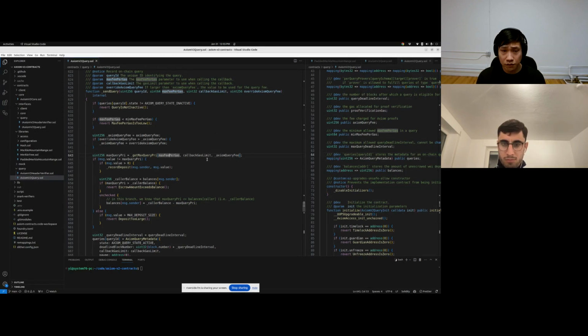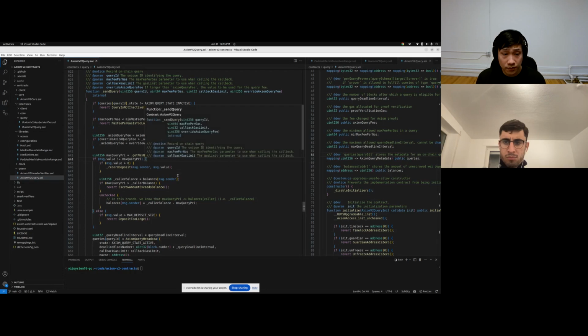So at the moment, the proof verification is 420,000 gas. So we pass through the gas to the end user and also add an Axiom query fee of 0.003 ETH on top. So we have some logic just to reconcile the user balances with this fee.